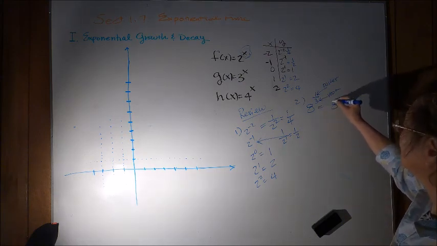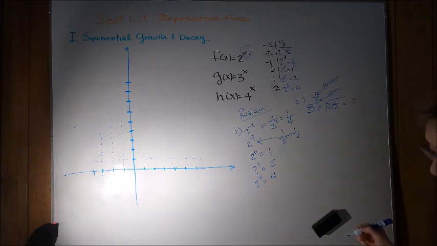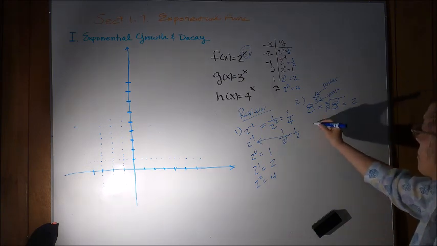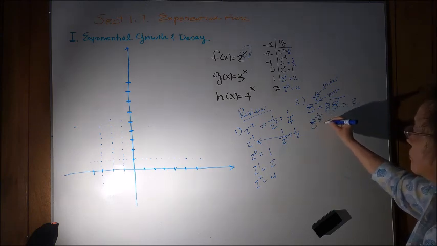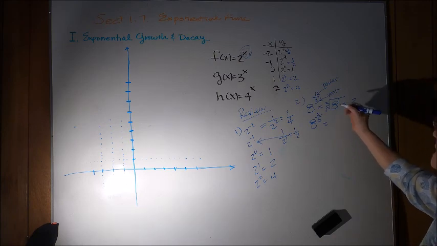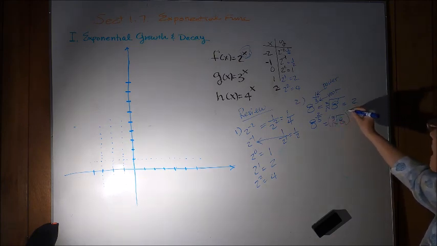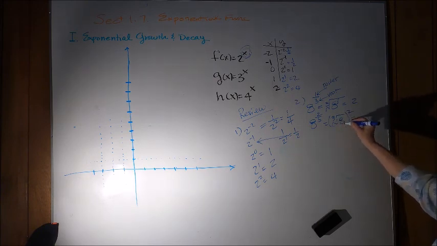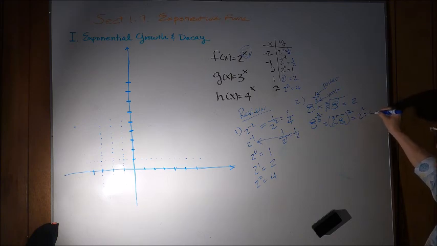So 8 to the 1/3 power is the cube root of 8, so it's 2, right? So if a to the 2/3 power, you can do the root first, then do the power later. They are the same. So the cube root of 8, to the second power, is 4.